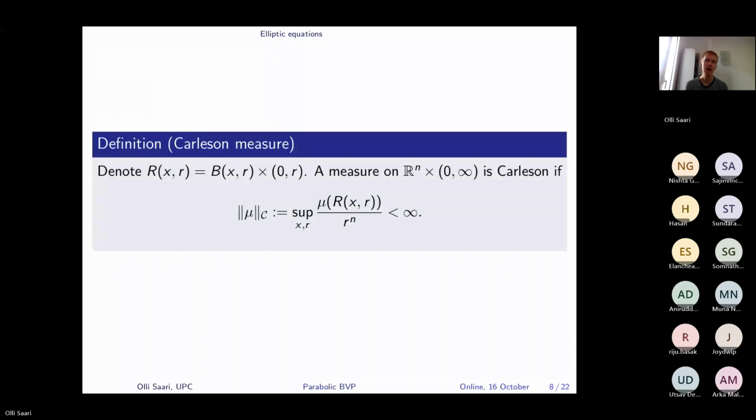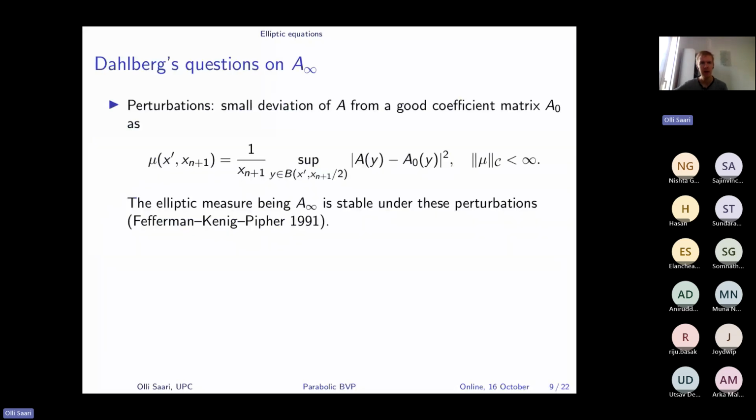Okay, and now once these 4 properties were found, it was an idea in Dahlberg's work that one should somehow measure the distance and smoothness of the coefficient matrix in terms of this last Carleson condition. And to study the problem in Lipschitz graphs, he was using these things. And then he made the following questions.